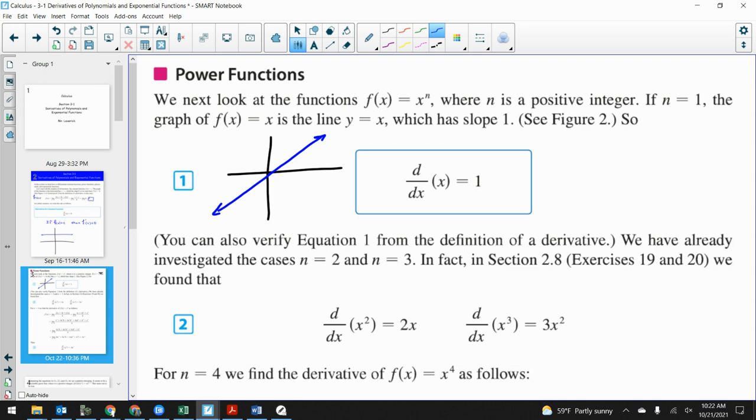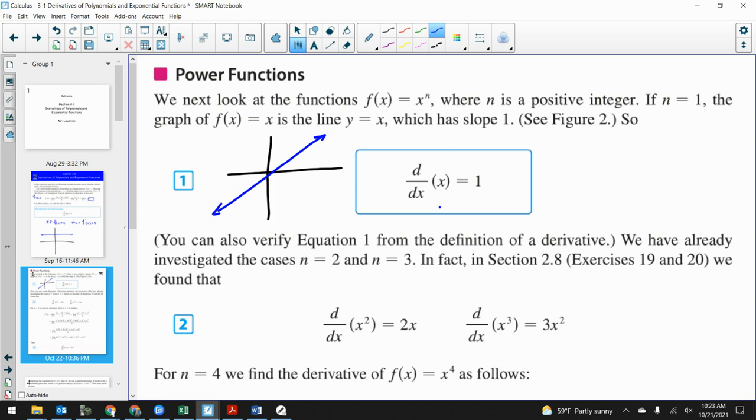Could I have verified it using my f of x plus h minus f of x all over h equation? Of course we could have. But I don't need to here because I can visually see that the slope is always going to be 1. So d over dx of x is just 1.